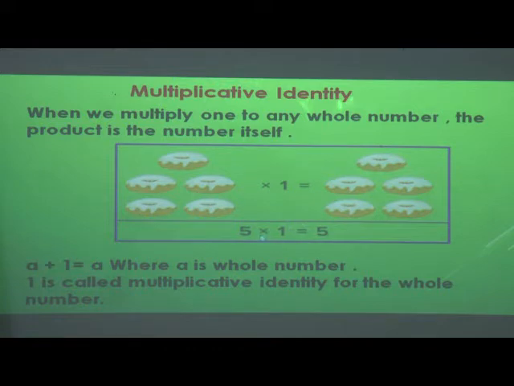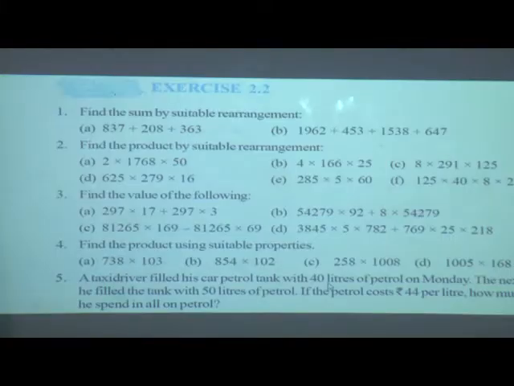A whole number when multiplied by 1, we get always the whole number. So 1 is called as multiplicative identity for the whole number. So 0 is called the additive identity and 1 is called the multiplicative identity for whole numbers.